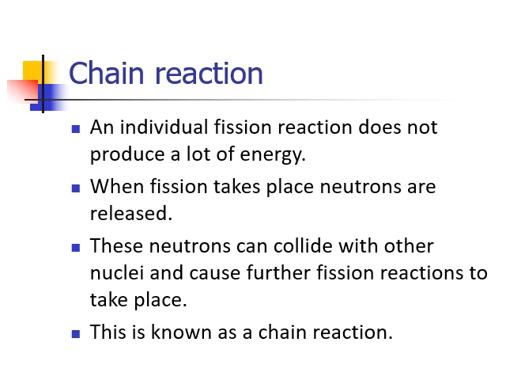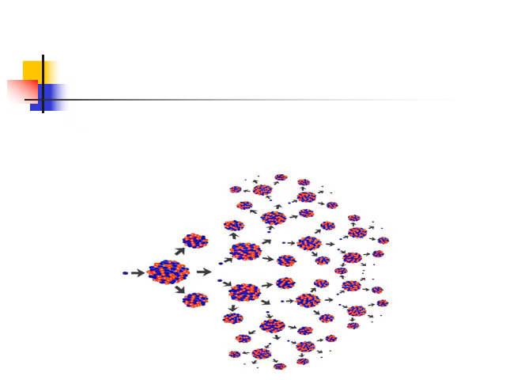So this is a chain reaction where a fission reaction causes the splitting of the nucleus into two smaller nuclei, releasing energy, more neutrons, and those neutrons then hit more large nuclei to split those into smaller nuclei. Okay, and here's a diagram showing a chain reaction, and each time you're getting a release of energy.